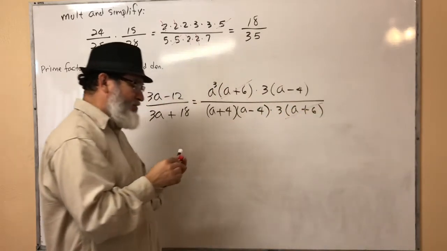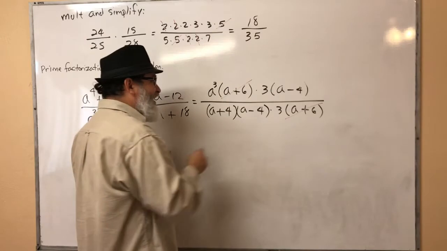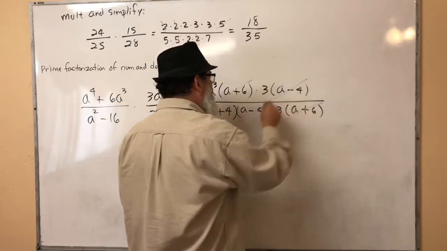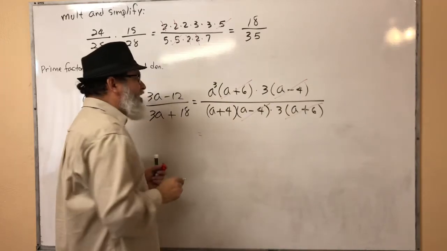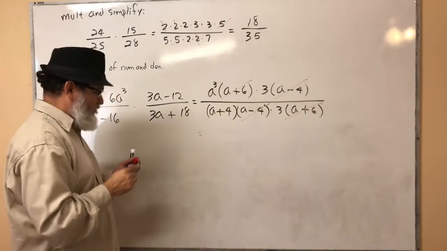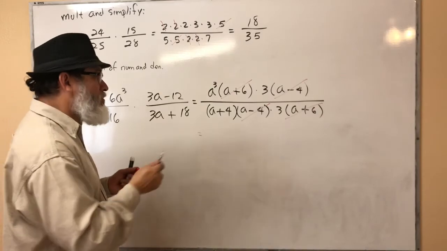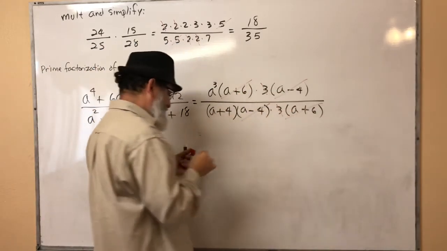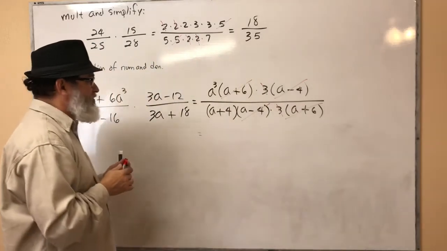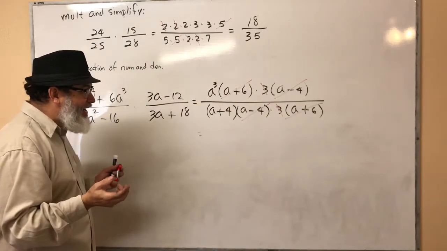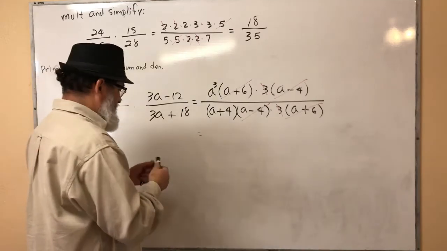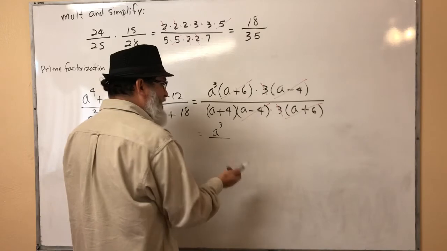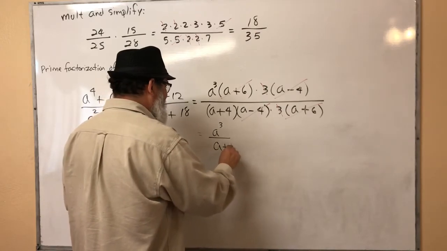That's okay. a minus 4 cancels a minus 4. That's fine. And the 3 cancels the 3. So what's left behind? a to the 3rd divided by a plus 4.